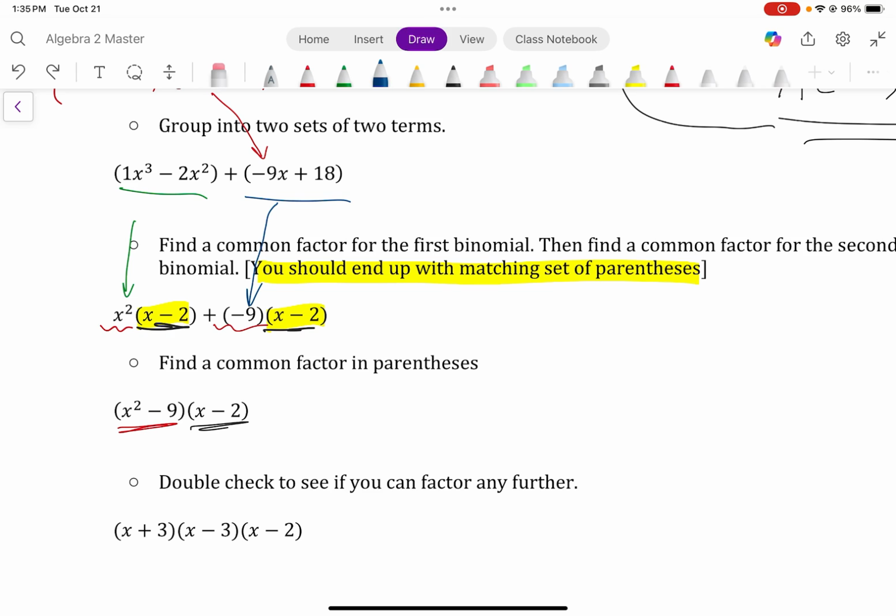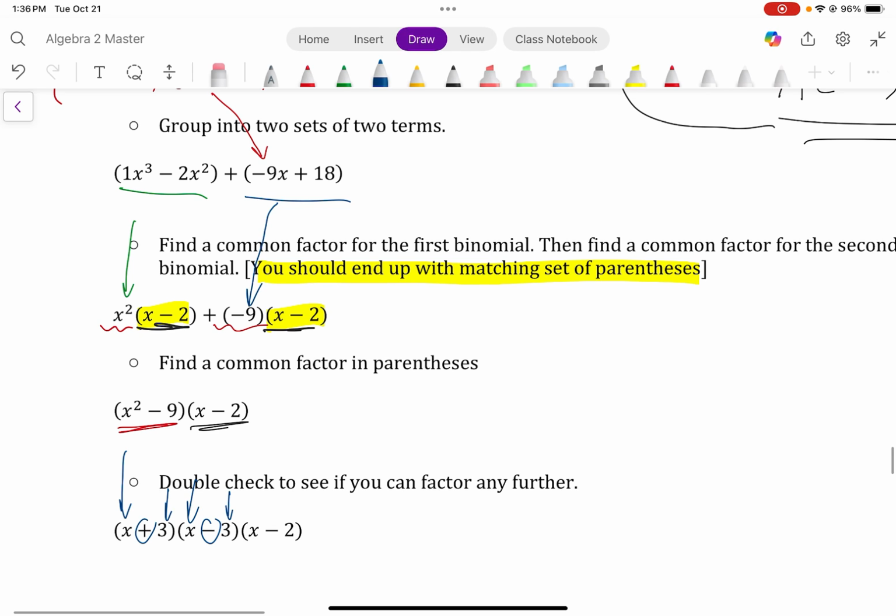That's a binomial. But we're not necessarily done, so we need to check if we can go any further. So that x minus 2 is done. Absolutely, obviously, there's nothing more we can do. X squared minus 9, that's a difference of squares. So the square root of x squared is x. Square root of 9 is 3, 1 plus, 1 minus.